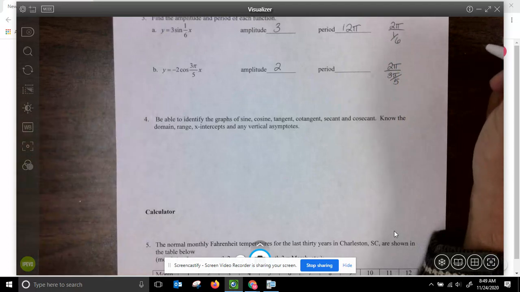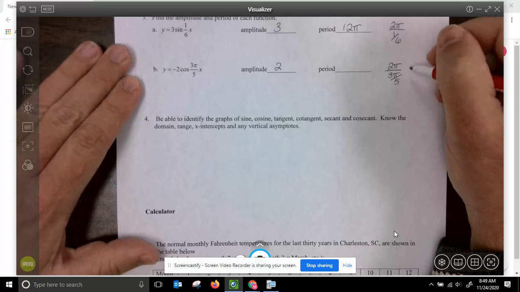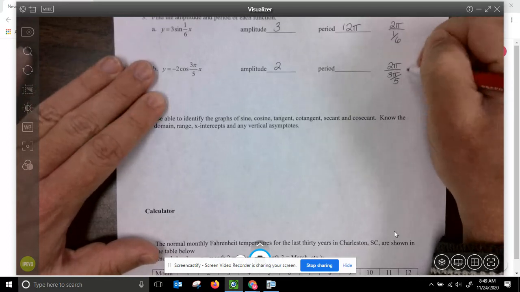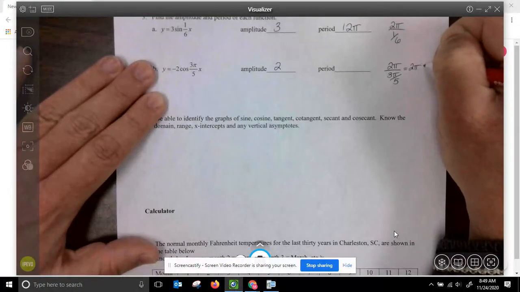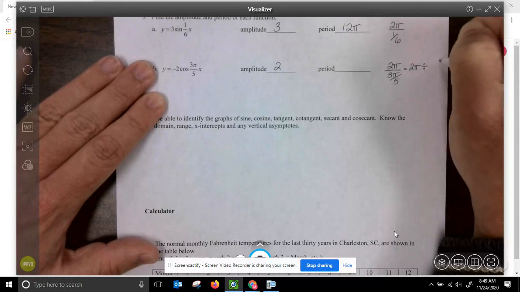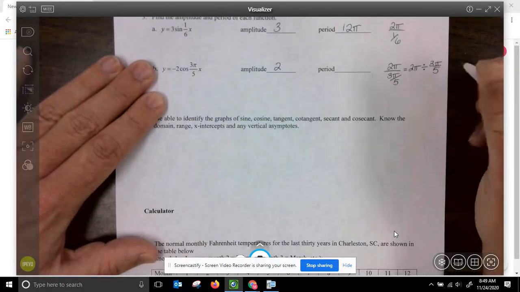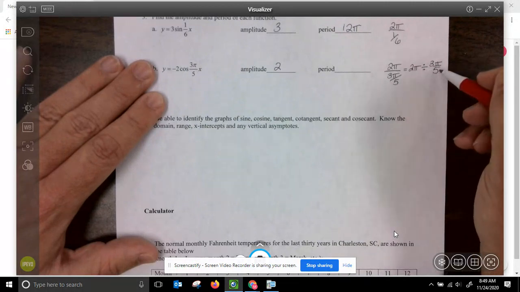Now, don't let dividing by a fraction confuse you. Dividing a fraction is just division. So really this is the same thing as 2 pi divided by 3 pi over 5. If you remember from middle school, when you're dividing a fraction like this, you can keep, change, flip.